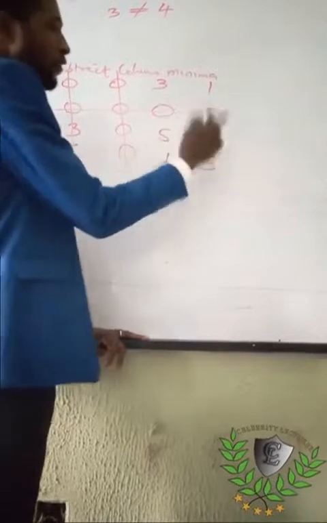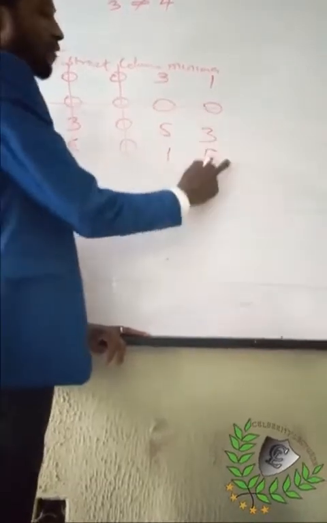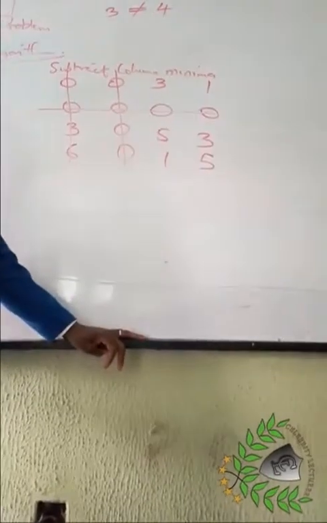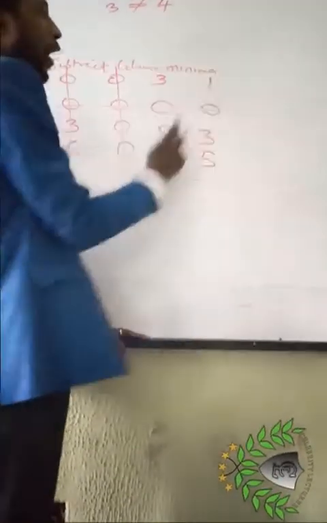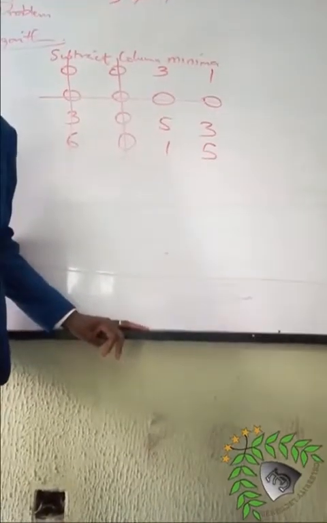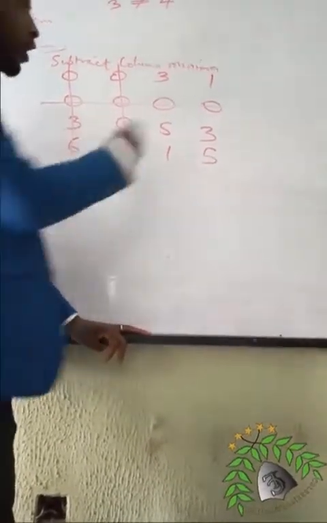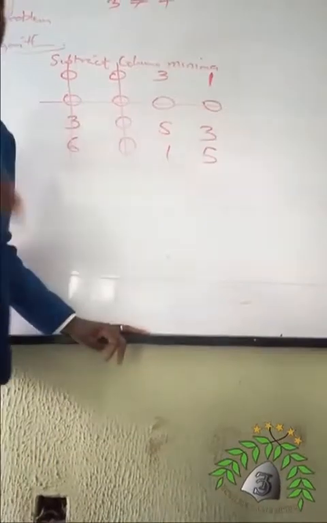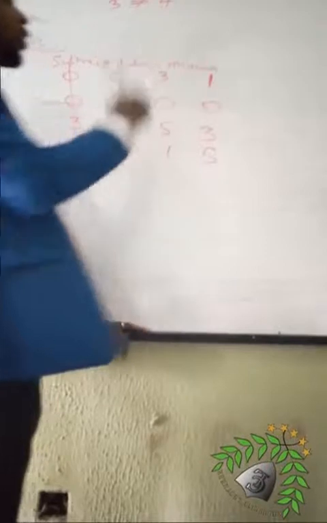So the next thing I do is what? I subtract 1 from where? Every uncovered row. I subtract 1, which is the lowest cost that is not covered, from every uncovered row.